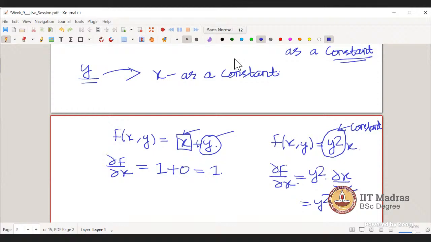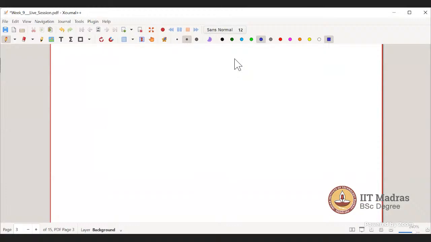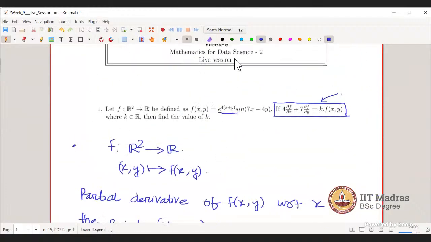Clear how we are doing this partial derivative? When doing partial derivative with respect to x, we treat all other variables as constant. When doing it with respect to y, we treat all other variables as constant. Okay, so now let's try to solve this question.